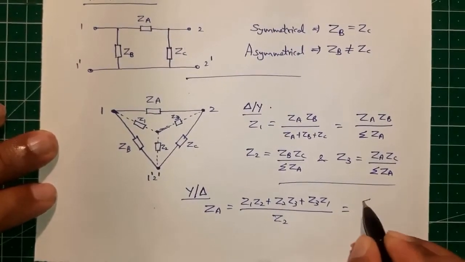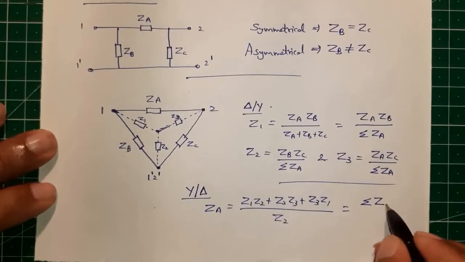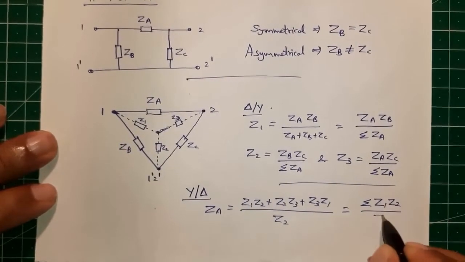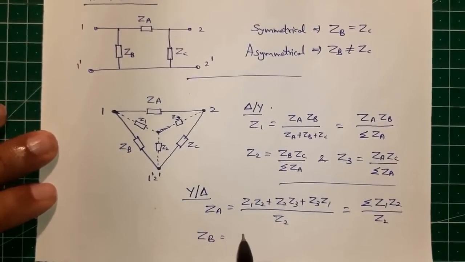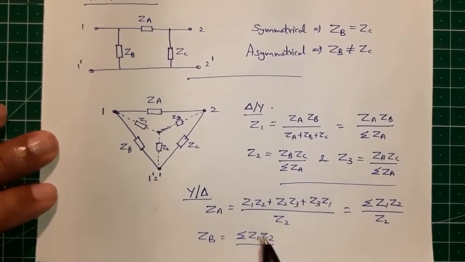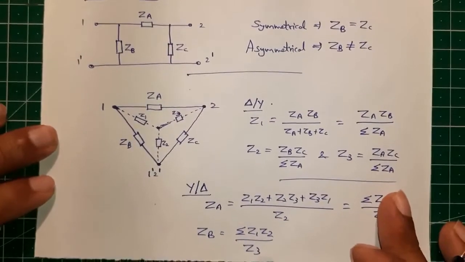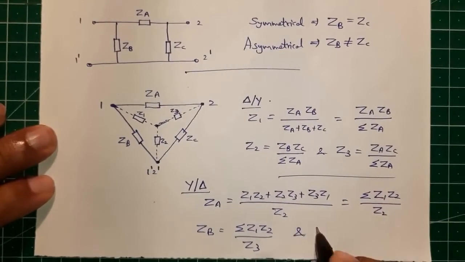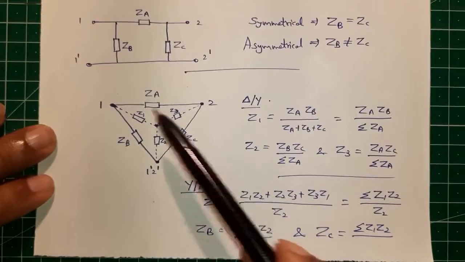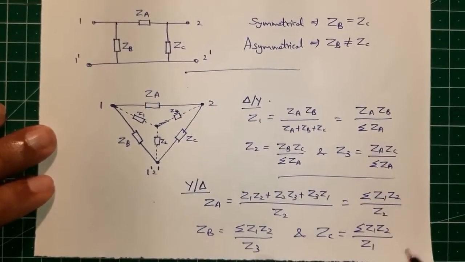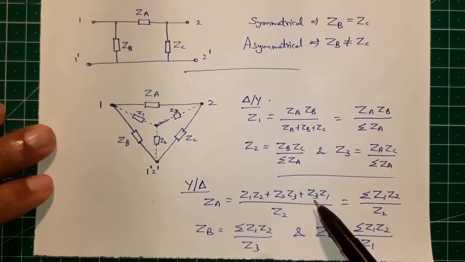Or in short, sigma Z1 Z2 divided by Z2. Similarly, ZB is equal to sigma Z1 Z2 divided by Z3, and ZC is equal to sigma Z1 Z2 divided by Z1, where sigma Z1 Z2 is equal to Z1 Z2 plus Z2 Z3 plus Z3 Z1.